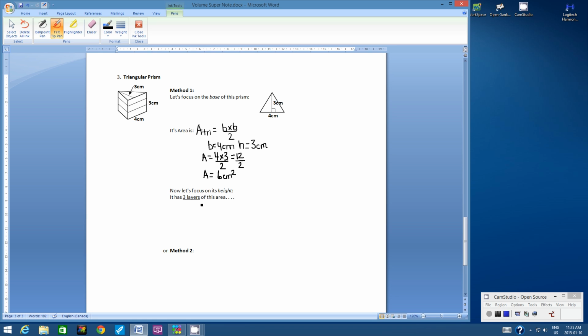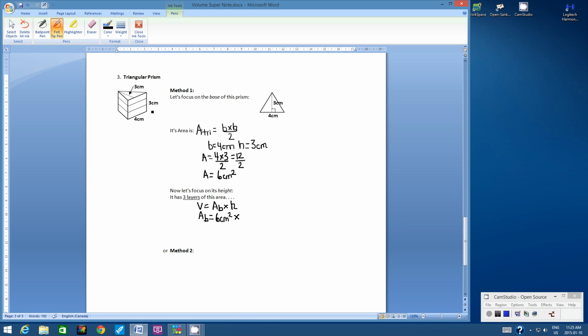So you know that in method 1, the formula has always been volume equals area of the base times the height of that prism. So let's write down what we know. Well, we know that the area of the base, which we just calculated, is 6 centimeters squared. We know that the height right here is 3 layers.